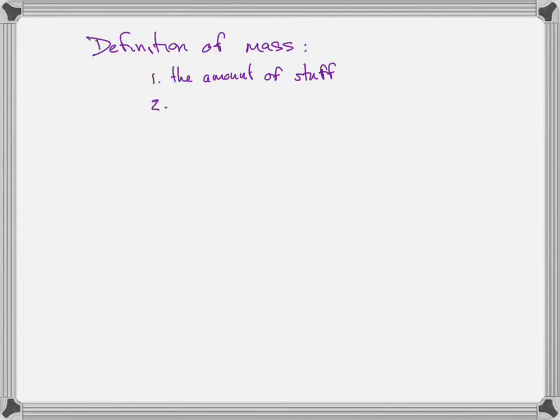is the inertial definition. And it's a different definition. It turns out the two are the same, at least according to Newtonian physics. I'll get back to that in a second. But the second definition is a body's resistance to changes in motion.